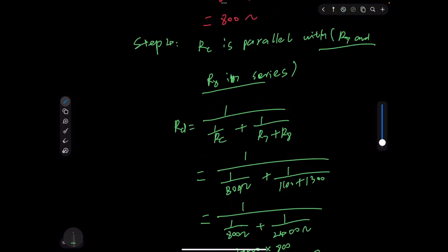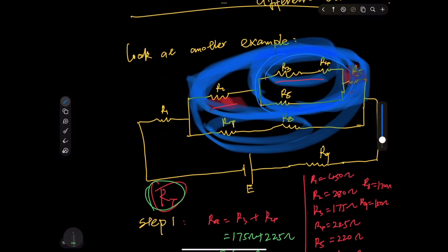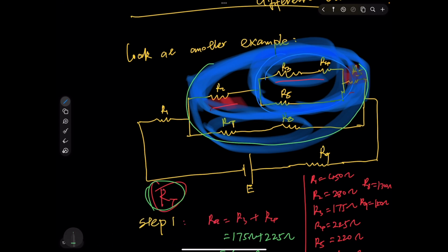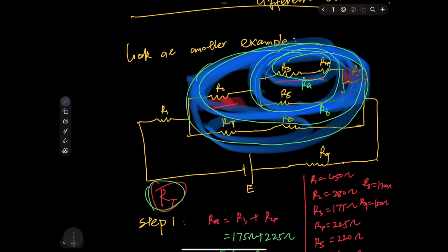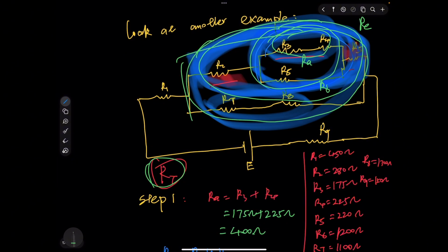So that's our RD. RD is everything here. So this is RA, this is RB, everything on the top is our RC.